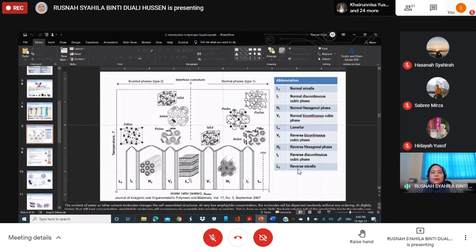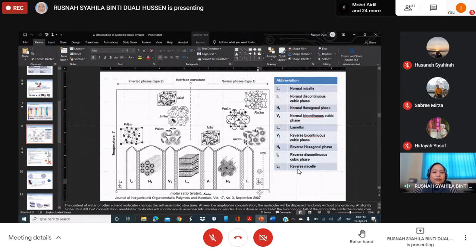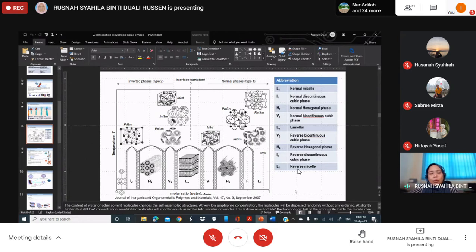Okay, so if you are explaining everything, starting from micellar solution up to L2, that means you explain about the inverted type phases. So that means actually wrong.